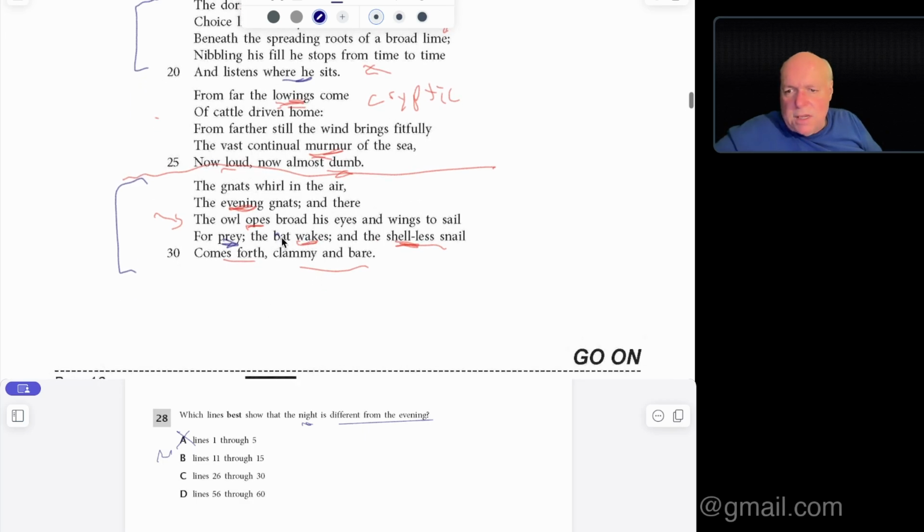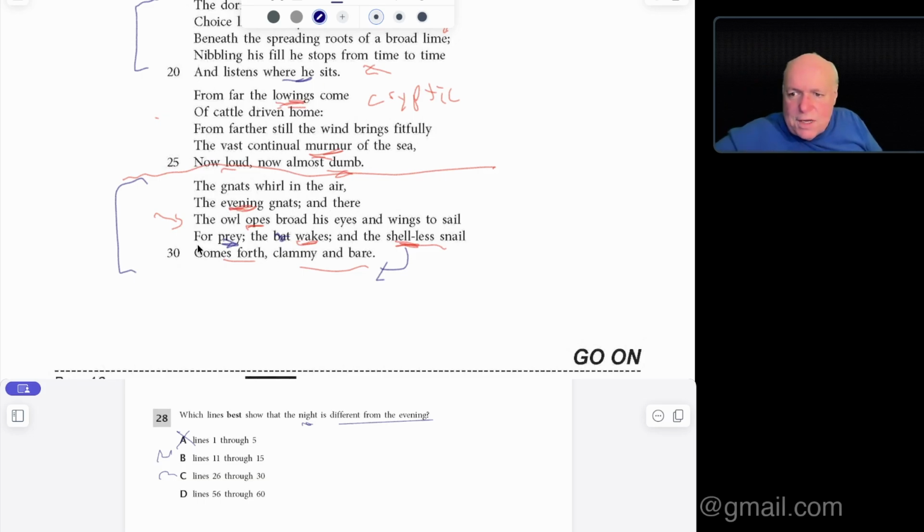The same with the bat, and the clown comes out. So this is a difference: they were asleep during the day and now they're going to be awake, whereas some of the other animals were awake during the day and now they're going to be asleep. So that also shows a difference from the evening, and that's maybe okay.